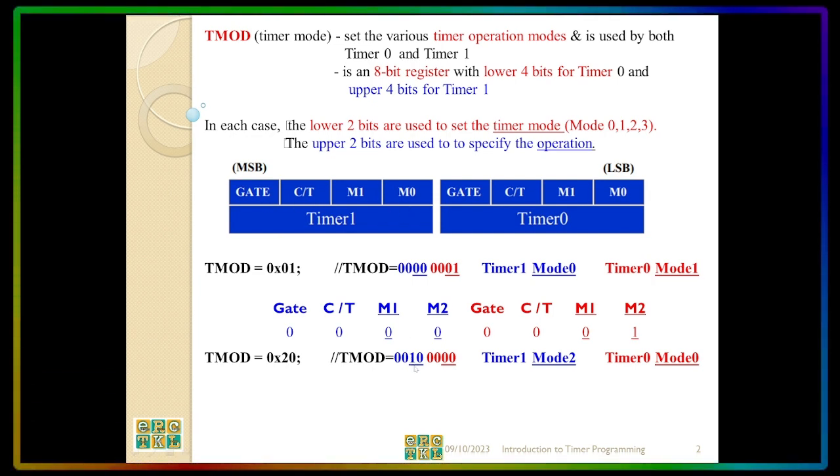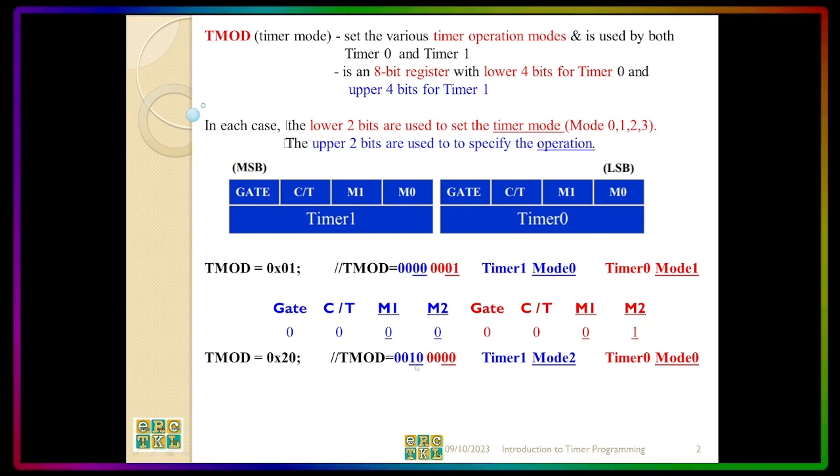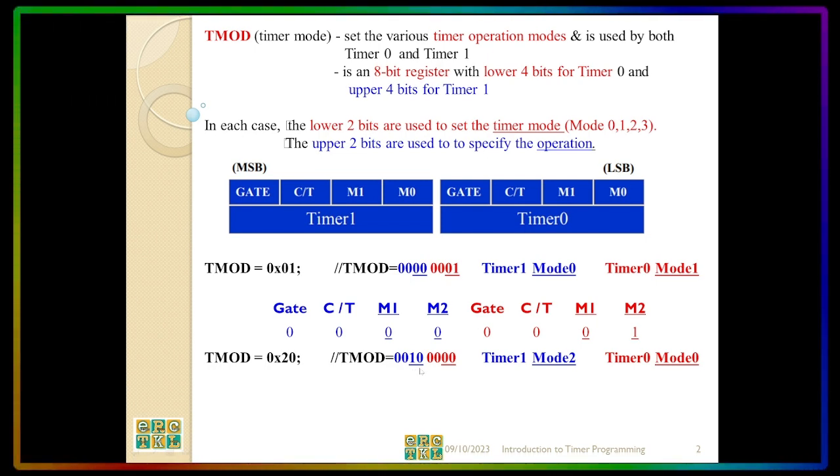On timer 0, we also have double 0, so the gate will be 0 and the C/T will also be 0. Now, the number 10 here on the blue-colored bits represents the mode bits, which are M1, M0. If it is 10 in binary, in hexadecimal we will say that it's number 2.